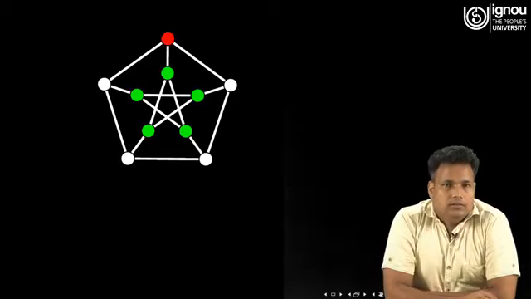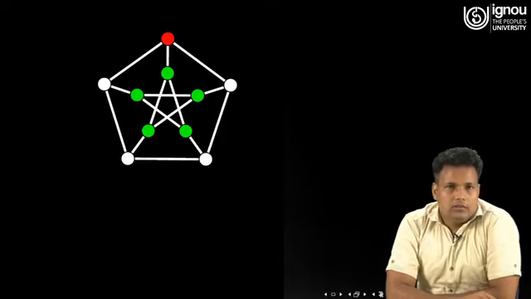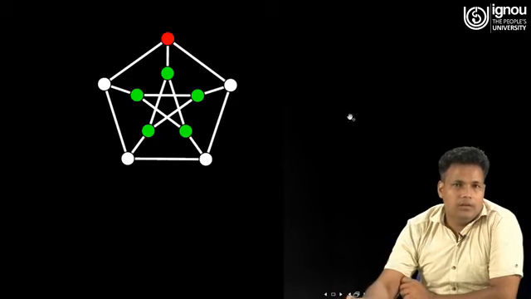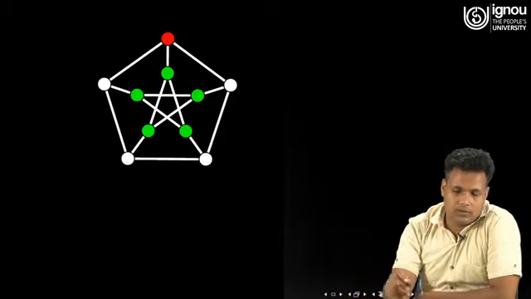Now look at this graph. It is a famous graph known as the Petersen graph. We shall draw an isomorphic copy of this graph. For convenience, we have just colored the vertices green and red.